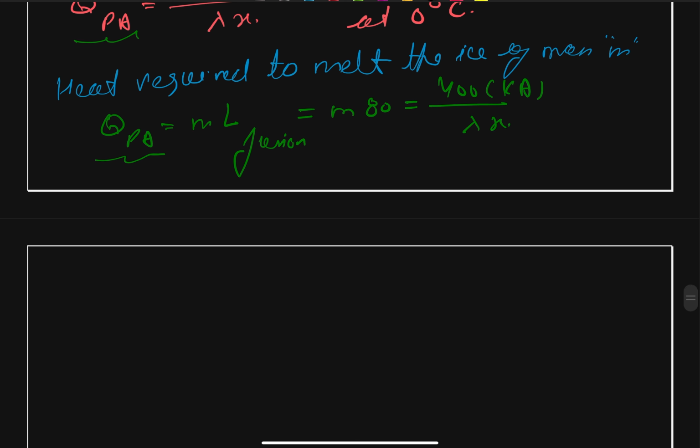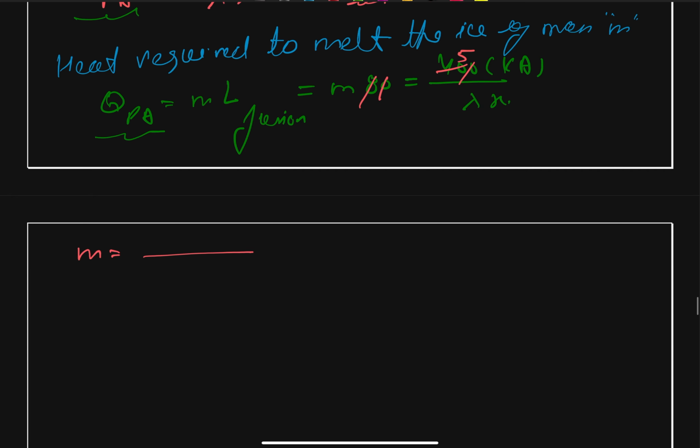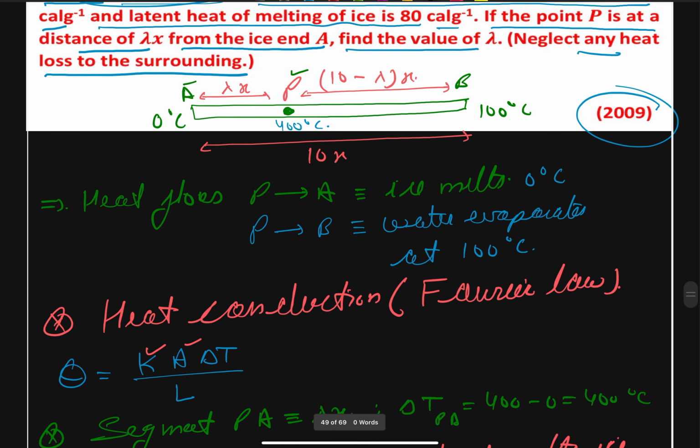So from here we can write our mass m will be equal to 5 KA upon lambda x.